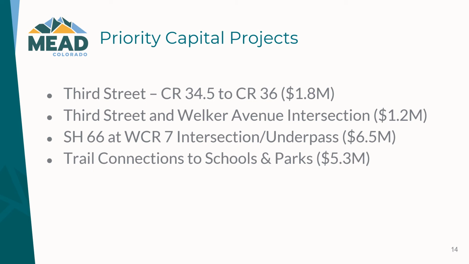State Highway 66 at Weld County Road 7, intersection and underpass improvements at 6.5 million, and a variety of trail connections to schools and parks at 5.3 million. Some of these will have additional funding sources. They have developer contributions, grants, URA funds, in addition to town contributions.